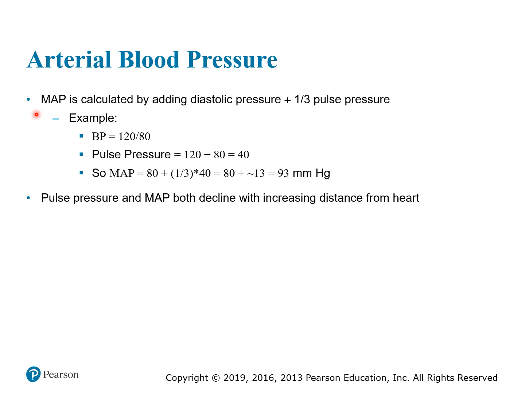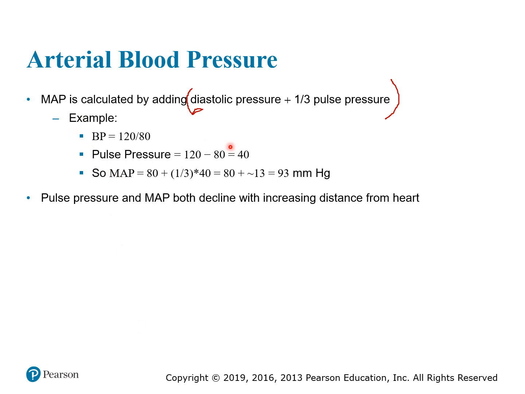So mean arterial pressure is calculated by adding diastolic pressure plus 1/3 of the pulse pressure. This is how we get our mean arterial pressure. This is the formula: diastolic pressure plus 1/3 pulse pressure.